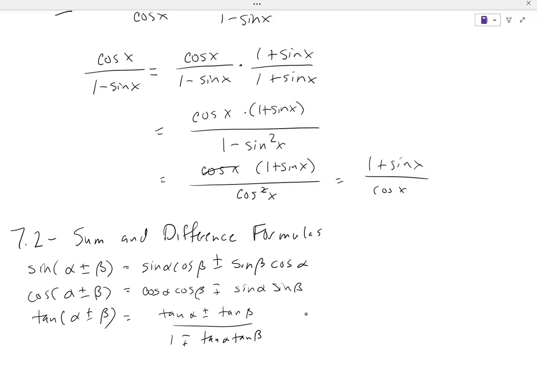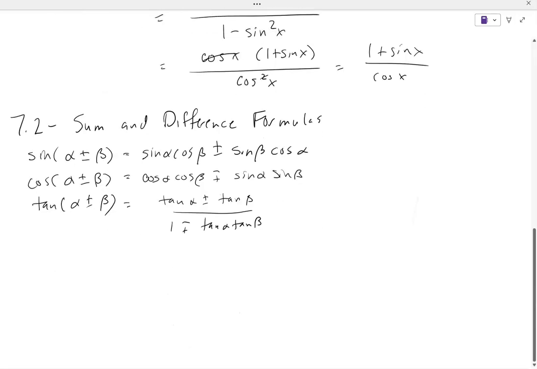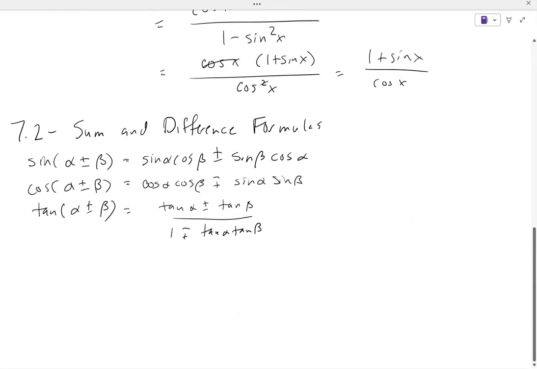We had ones where you were asked to calculate the exact value of an angle. I'll leave the ones that are on there so you have those for practice, but maybe you had tangent of, let's say, 19 pi over 12, and you wanted to calculate that.